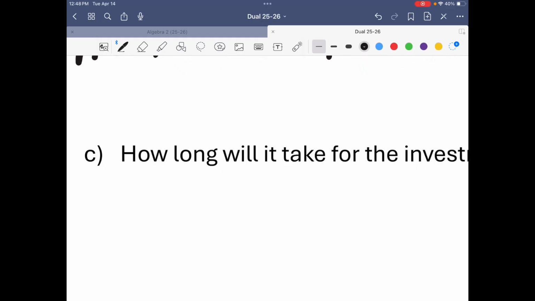So A goes first. That's going to be 10,000 equals P, which is 5,000, and then it's e, and then on top is going to be r and t.